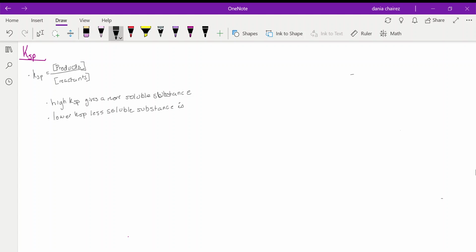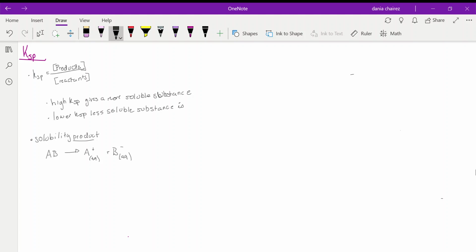Right. So when you're writing your KSP expression, it's a solubility product, just writing it down so you guys don't forget. Solubility product. It's known as a product essentially because all you end up doing is multiplying. So if we take the generic expression AB yields A plus B minus, these are aqueous.